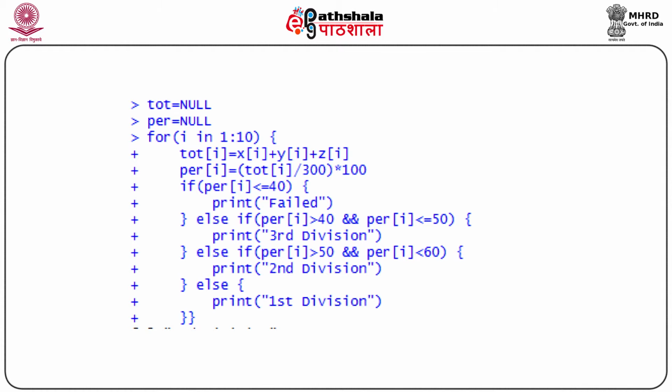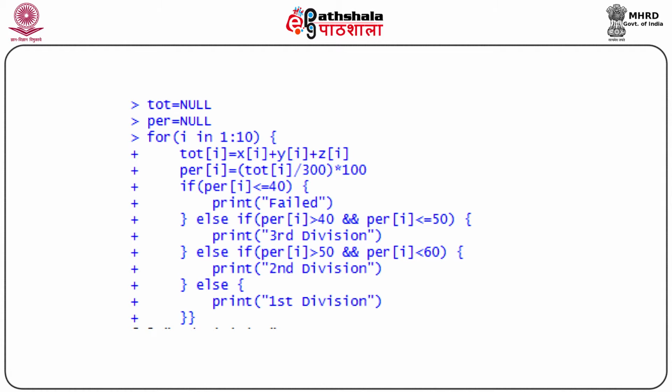Then we are dividing tot by 300 and multiplying by 100, and hence we get the percentage corresponding to each student. So tot and per are vectors of length 10, each corresponding to the individuals.